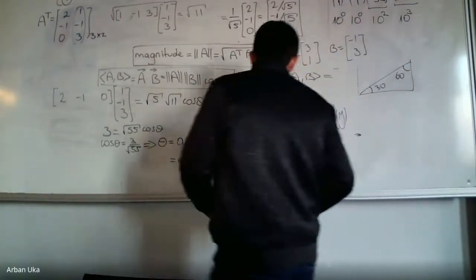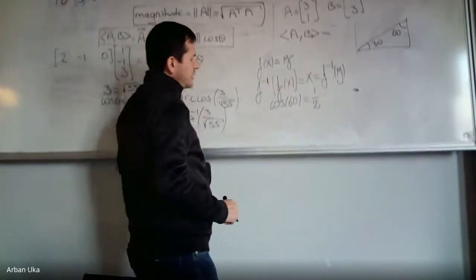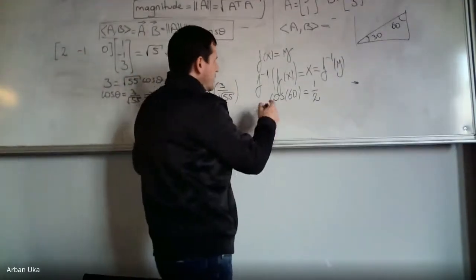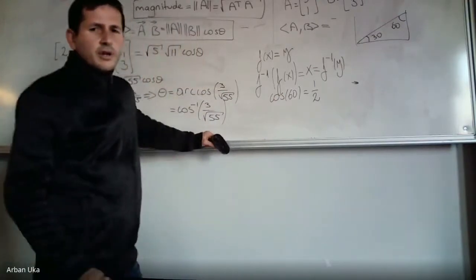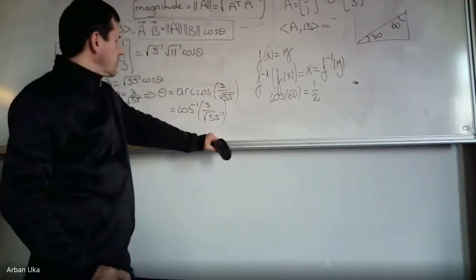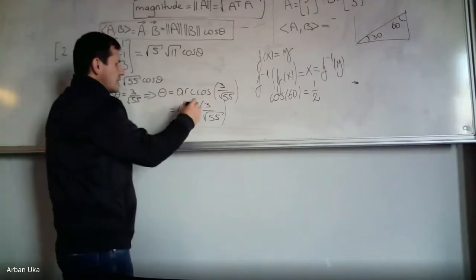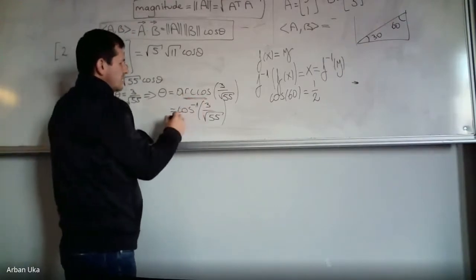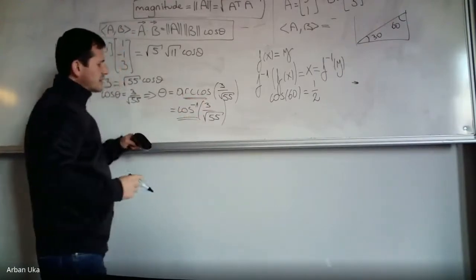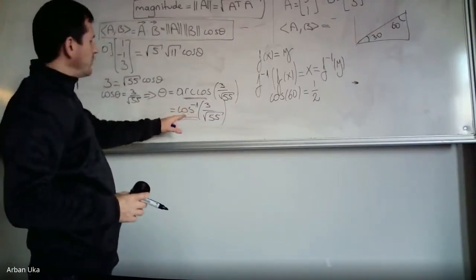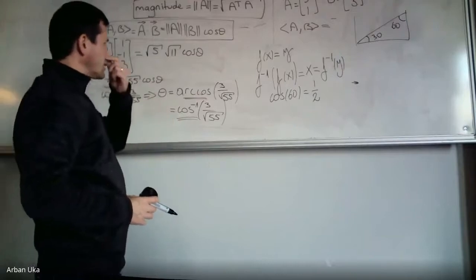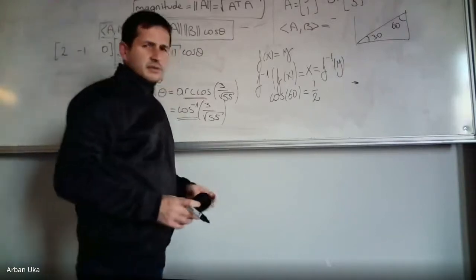Now, we can also say that we can multiply both sides of the identity with cosine inverse, and cosine inverse with arc cosine is the same thing. In calculators, you might find this as cosine inverse, or cosine to the power minus 1, and arc cosine. So, is it clear?